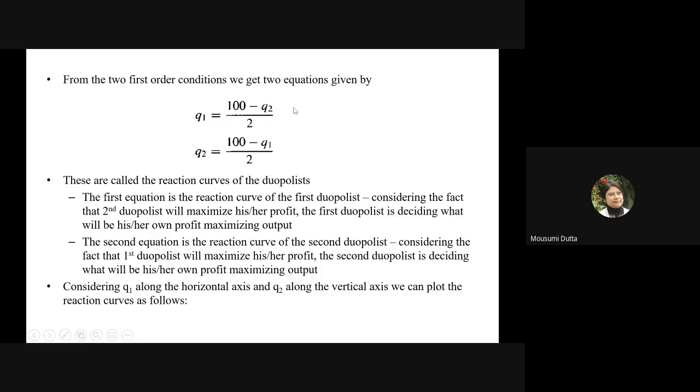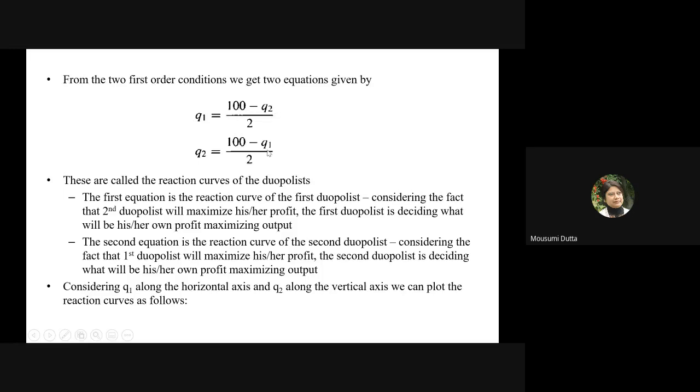So from my experience, I have a guess about Q2, and some idea about Q1, and accordingly I am setting my Q1 here and my Q2 there.